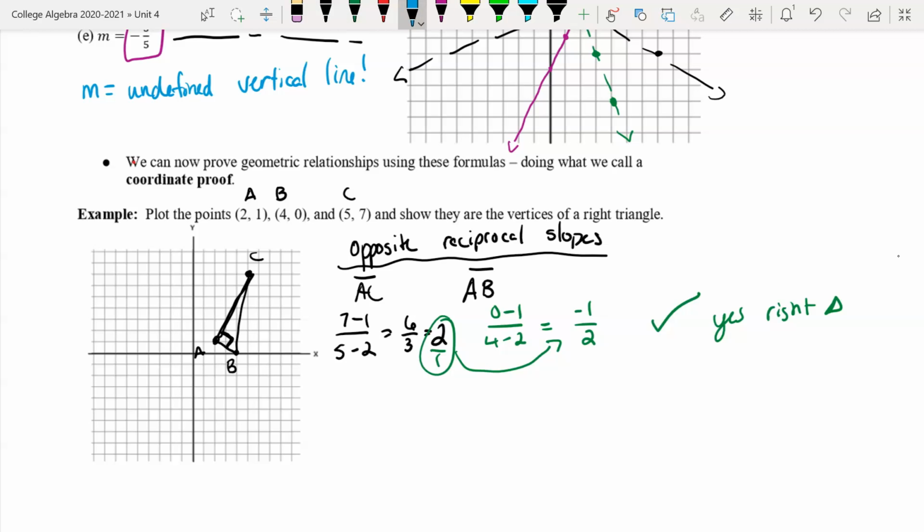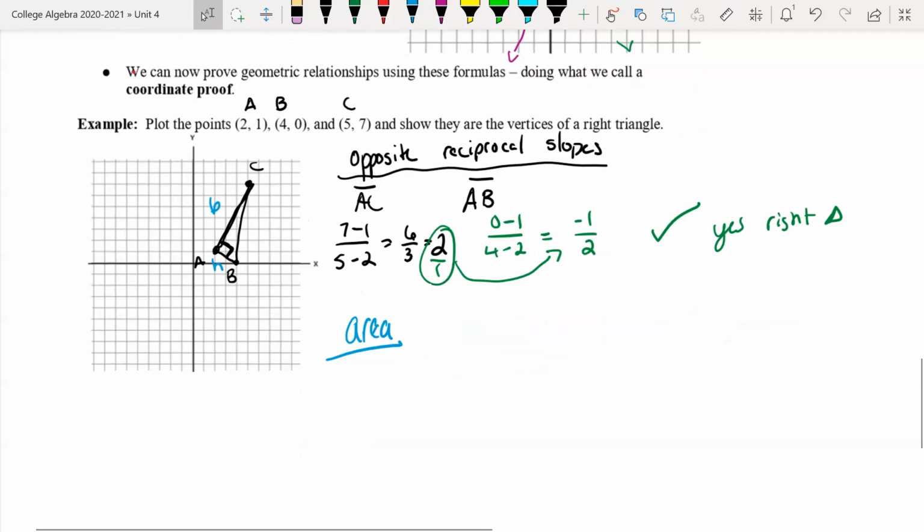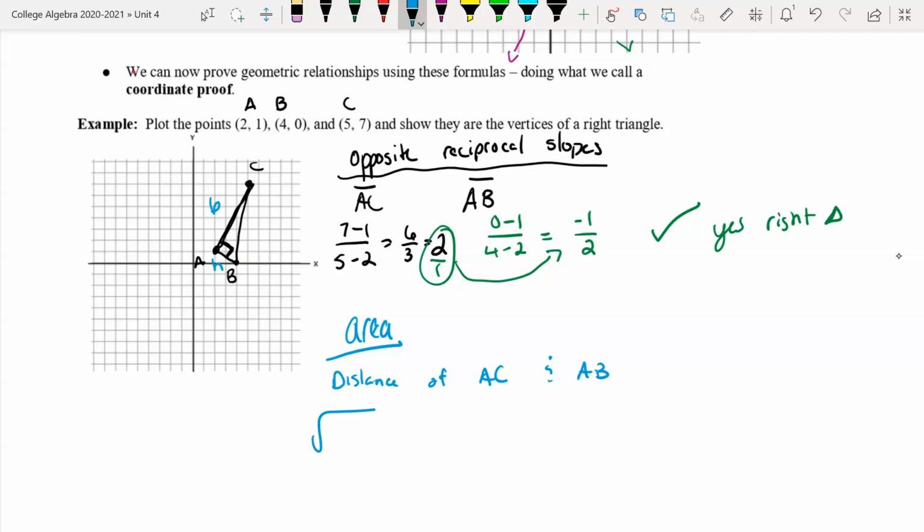Now, it says, all right, now find the area of the triangle. Well, I've got to do base times height divided by 2. So I've got to find the distance now of AC and AB and multiply those and then divide it by 2. So I'm going to take the square root of, let's see.